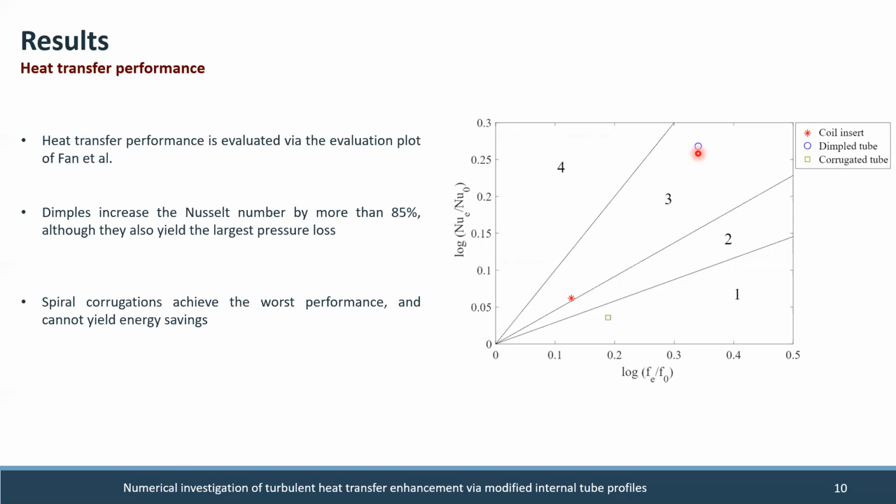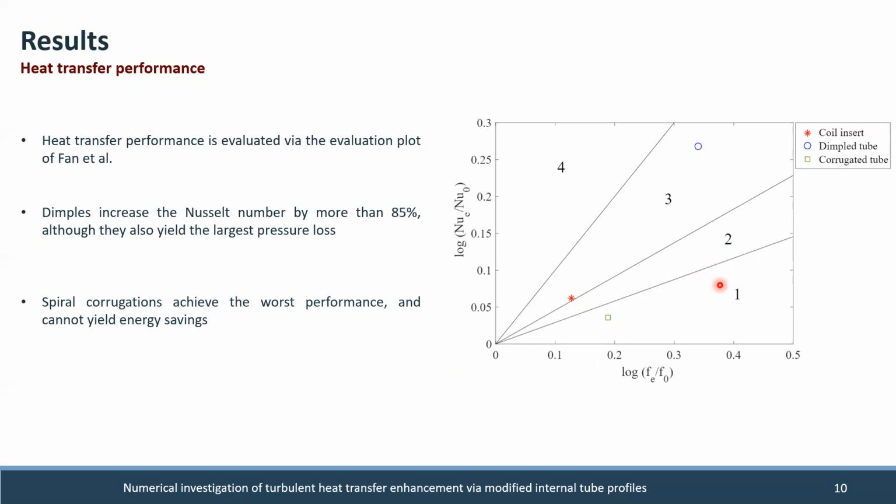Although the pressure loss ratio is also considerable. It is possible to decrease the pressure loss ratio by decreasing the depth or the density of the dimples, but definitely if we do that, we will also decrease the Nusselt number ratio.